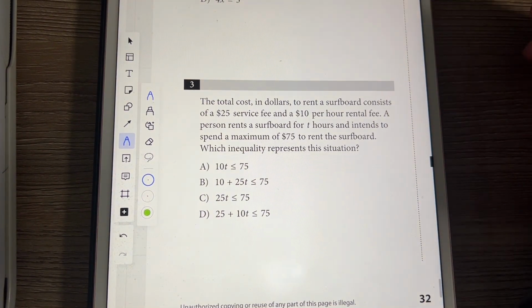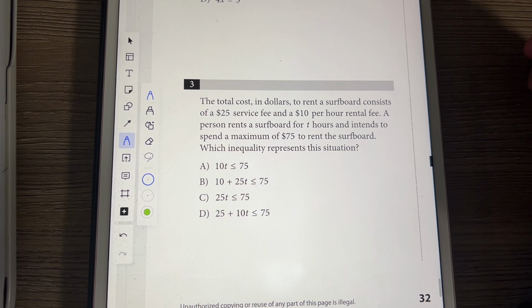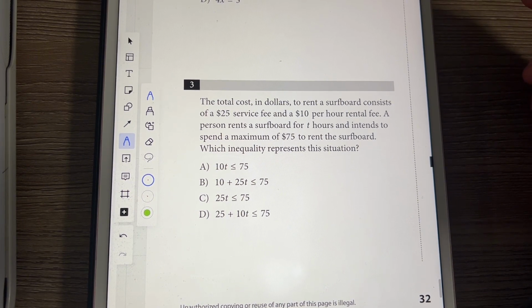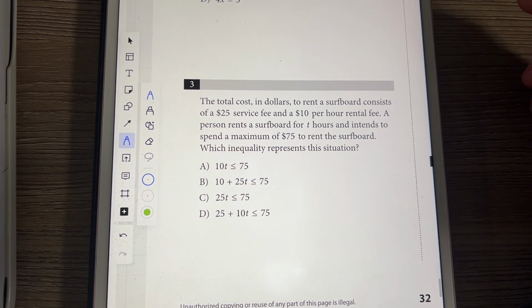The total cost in dollars to rent a surfboard consists of a $25 service fee and a $10 per hour rental fee. A person rents a surfboard for T hours and intends to spend a maximum of $75 to rent the surfboard. Which inequality represents the situation? Now, luckily, I don't have to decide if it should be greater than or less than 75. All 4 answers are defined the same way.